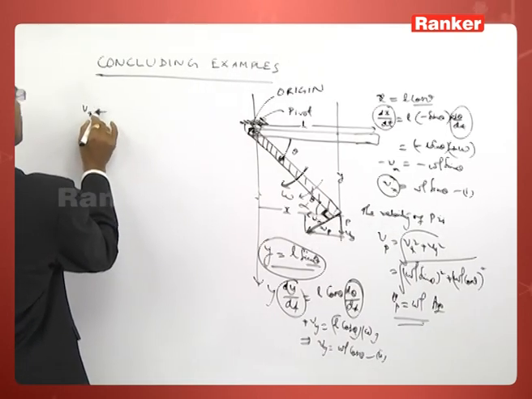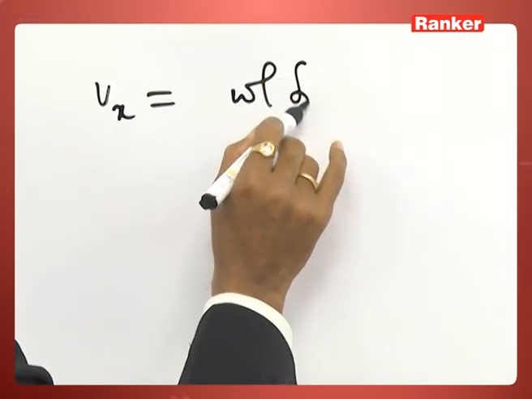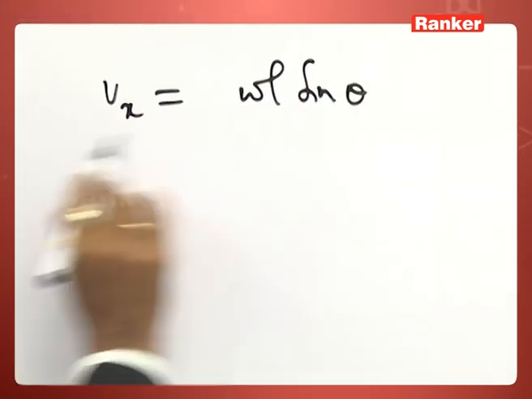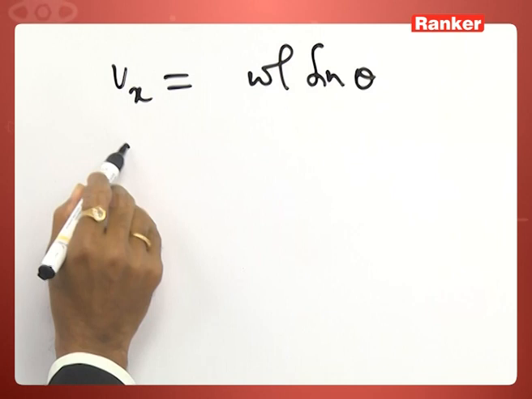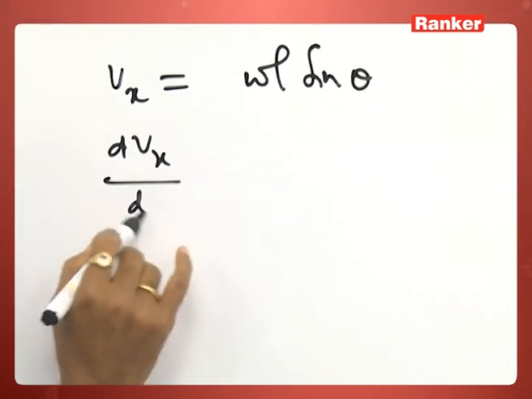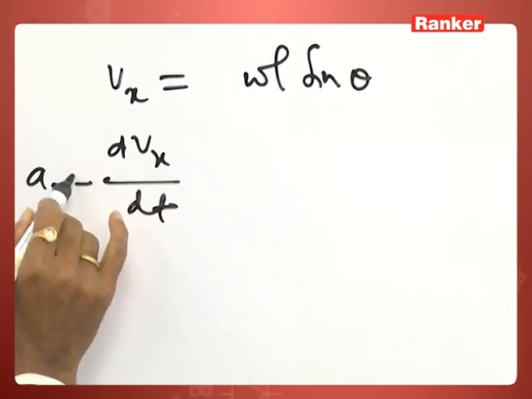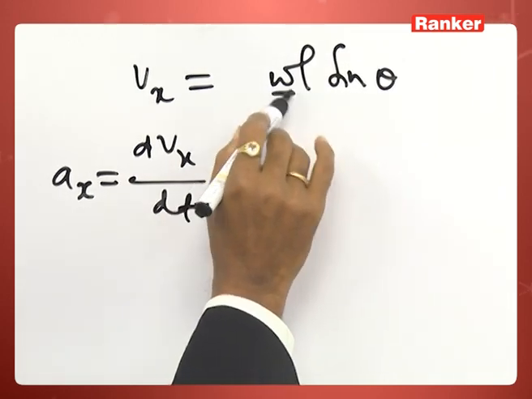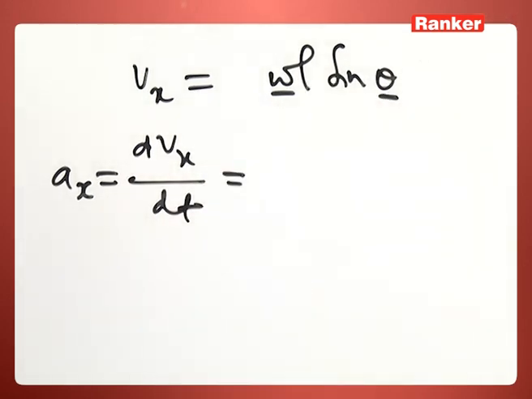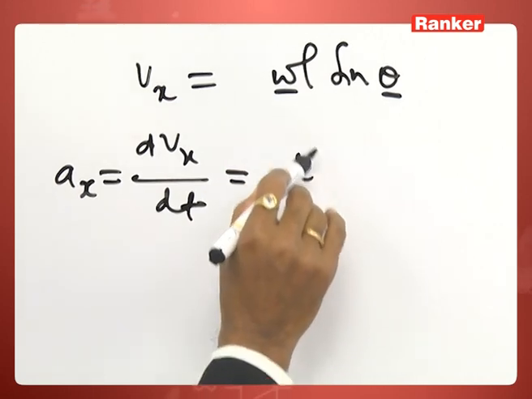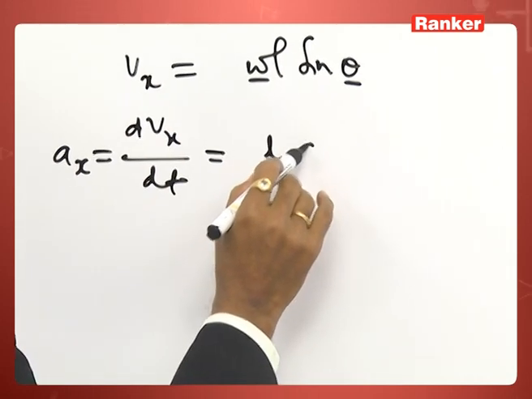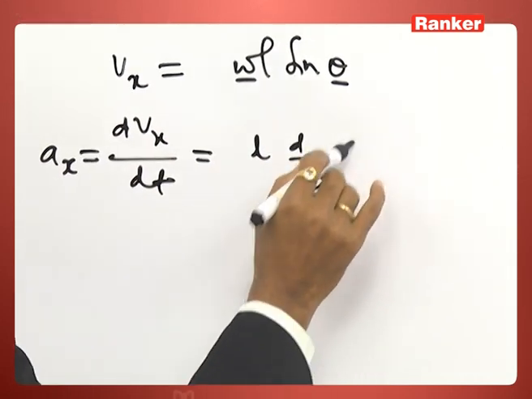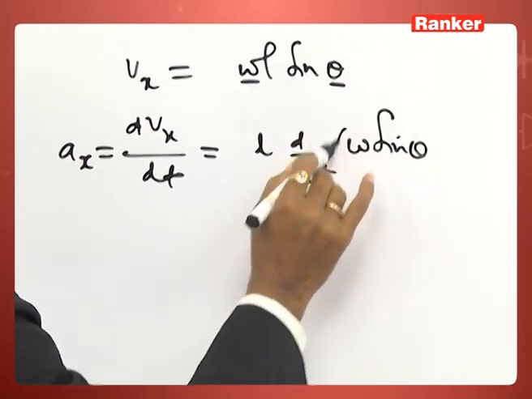Vx is equal to omega L sin theta. Differentiate with respect to time to get the acceleration along x direction. Here omega and theta both are variable. L d by dt of omega sin theta.